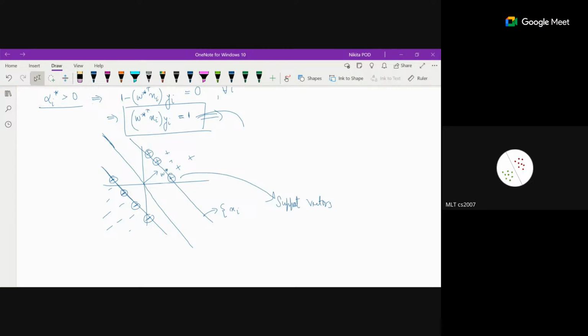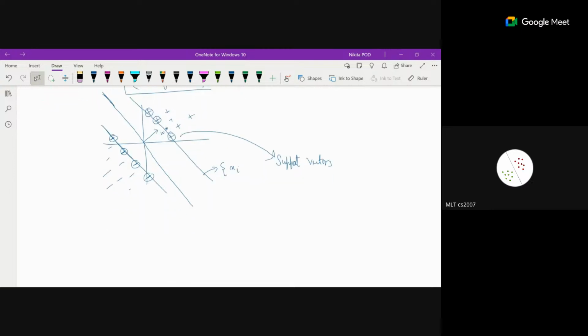Does this SVM algorithm work for those kinds of data points? What we observed is that in certain cases where you have outliers, this SVM will not work.